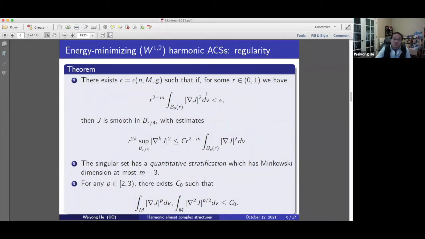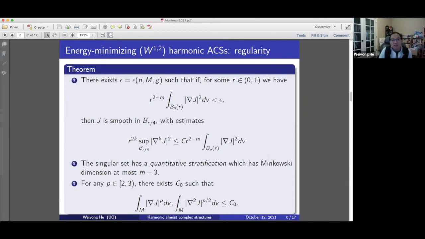This ball you can take as either a geodesic ball or a Euclidean ball, small enough so that it is equivalent to a Euclidean one. If this scaling invariant energy is less than epsilon, where epsilon depends only on the background geometry, then J is smooth in a definitely smaller ball, the 1/4 ball, and one can get all higher derivative estimates in terms of this formula here.